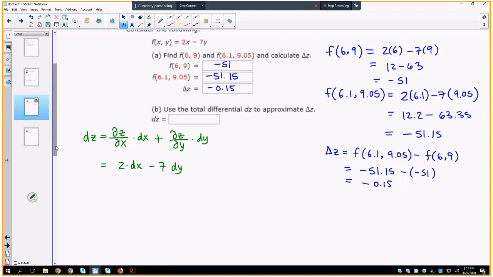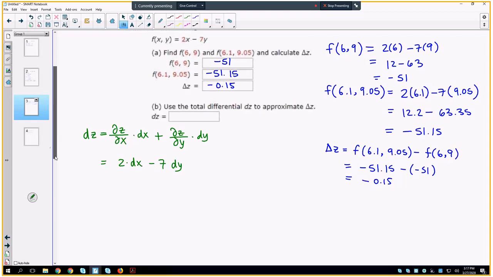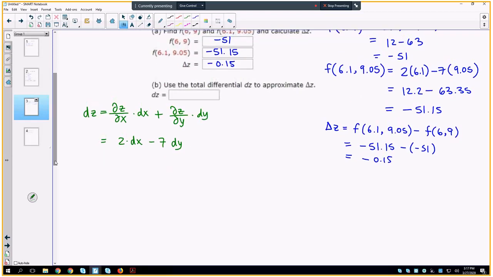And then we can compute that the change in x is 6.1 minus 6, of course, 0.1. The change in y is 9.05 minus 9, or 0.05, and plug that in.